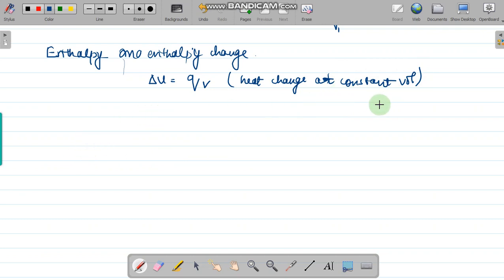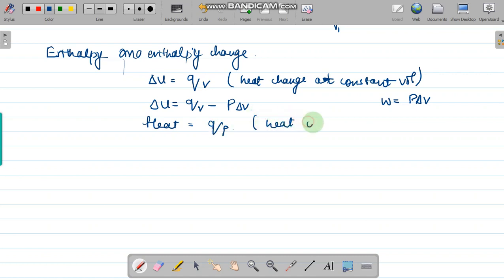But we have done that work done is equal to P delta V. So over here, delta U is equal to QV minus P delta V. And we know that heat is equal to QP. QP means heat at constant pressure.